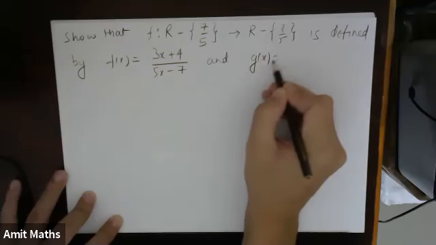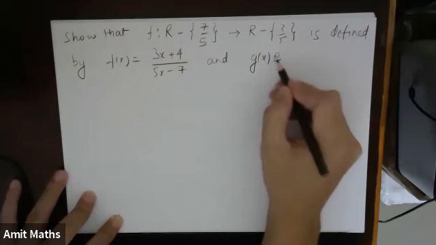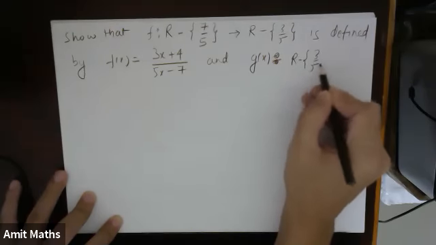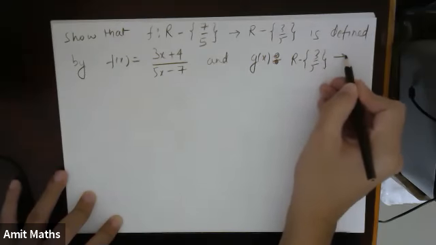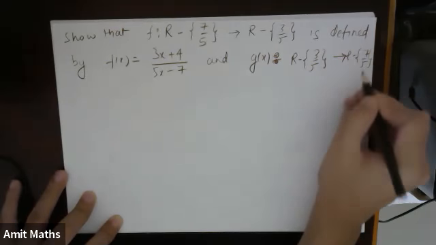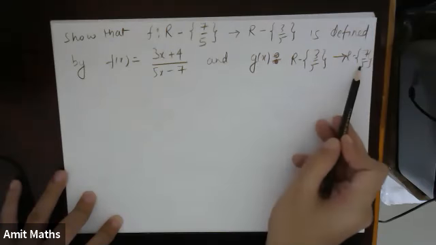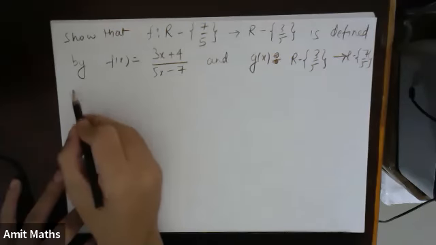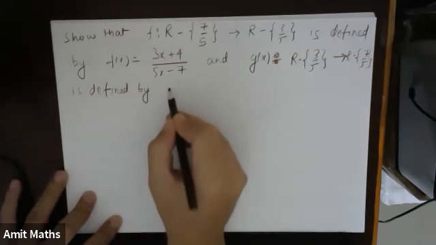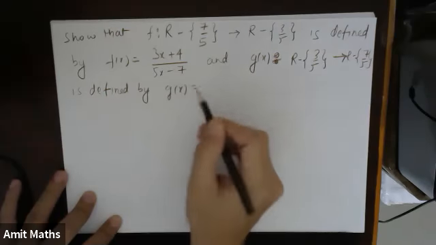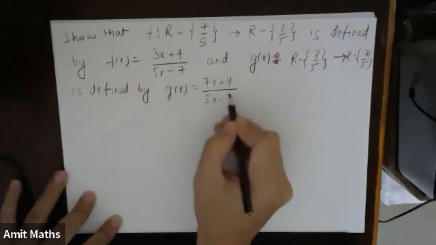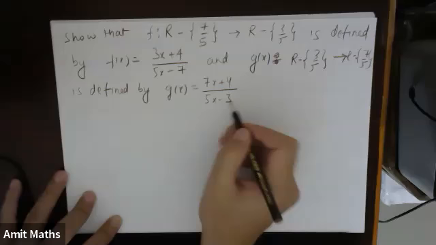g from R minus 3/5 to R minus 7/5 is defined by g of x equals 7x plus 4 upon 5x minus 3.